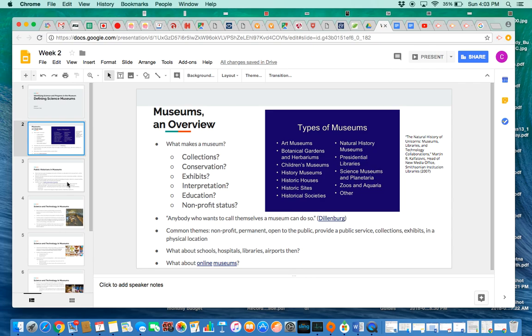Our concern for this class this semester is, of course, on a science museum and all of its different variations, which we'll talk about in a second. But before we get to that, I do want to briefly talk about not just what museums are and understanding museums, but making sure that we all understand our particular role as public historians or historians working in a museum context.